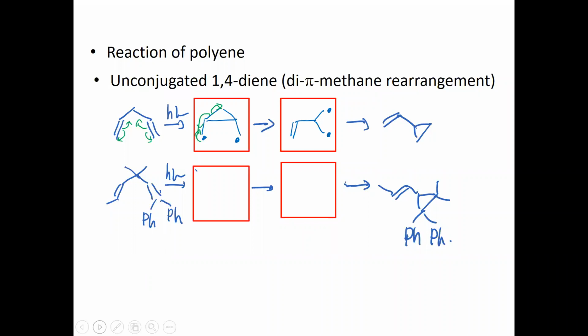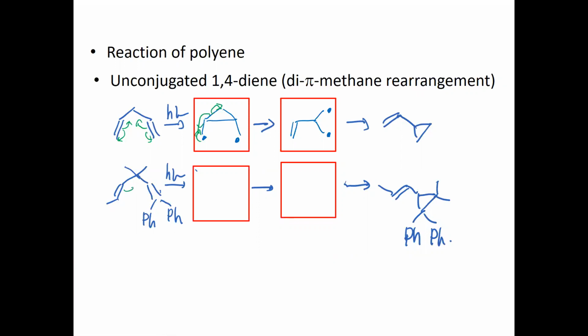So that makes a different cyclization, and cyclopropane-like molecules are formed.